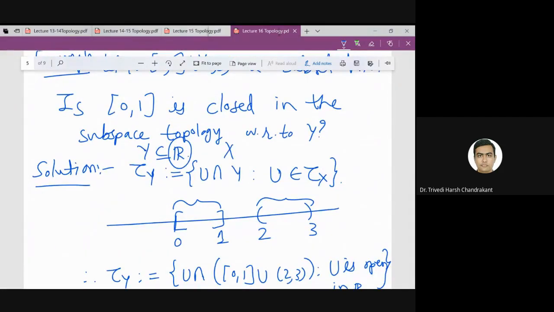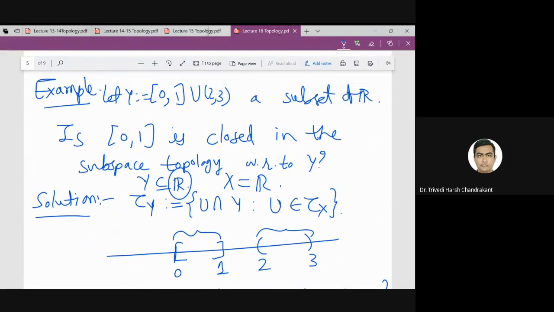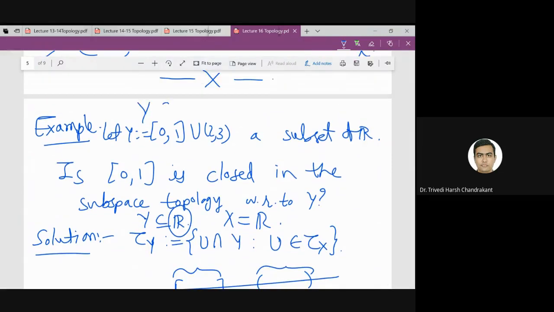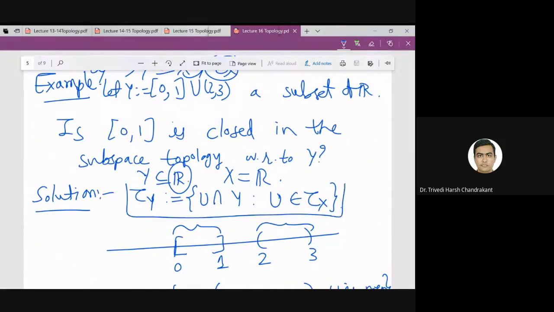So we are taking the subspace topology. Subspace topology means I have a set which is a subset of some other set. Whenever I have Y which is a subset of X, and on X I have topology tau X, then I can define a topology on Y using this tau X. So that is the subspace topology defined this way.